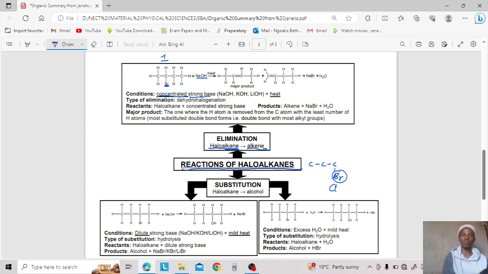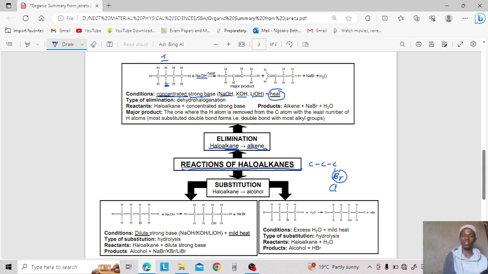So if you use a concentrated strong base, which is NaOH, KOH, or lithium hydroxide, then we're also going to use heat to run this reaction. The important part is that it is very concentrated.